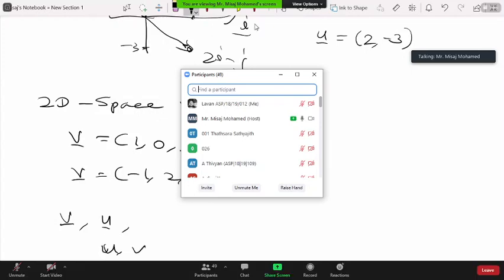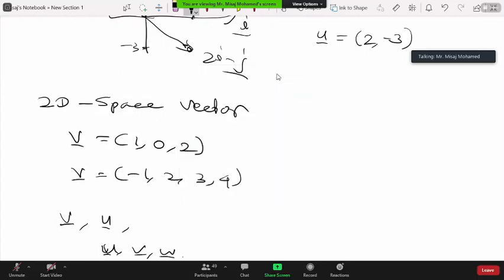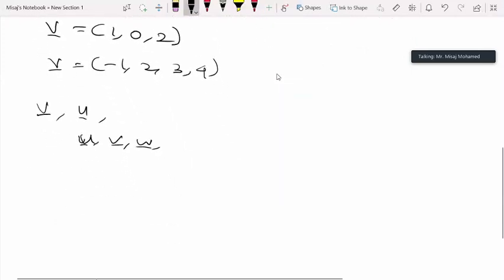U, V, W. Or sometimes, for ease, I will write u, v, w in small letters, right? If we combine these vectors into a collection, we call it a new set.